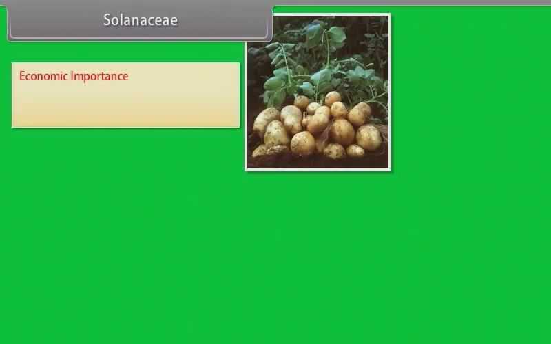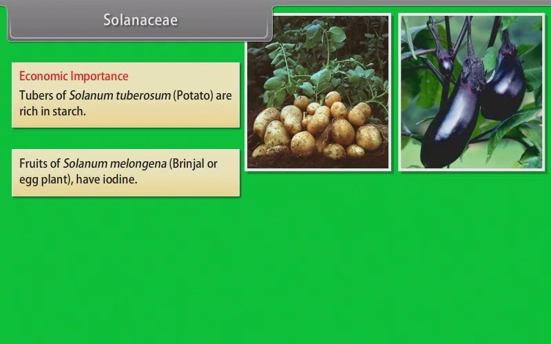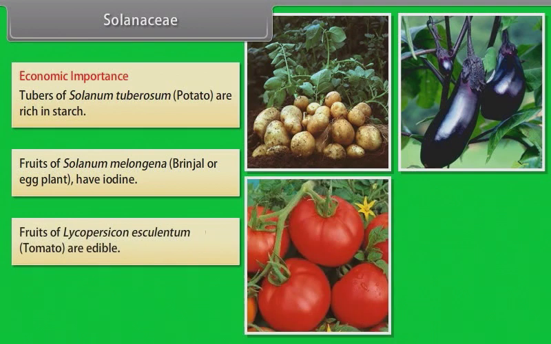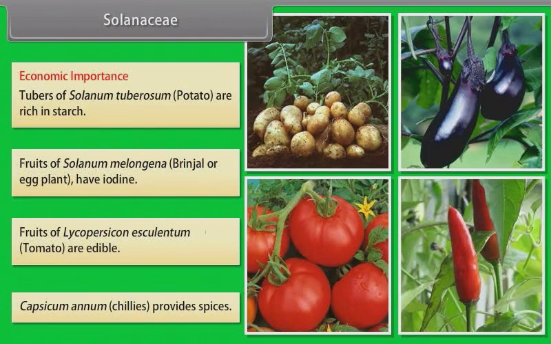Economic importance. Tubers of Solanum tuberosum, potato, are rich in starch. Fruits of Solanum melongena, brinjal or eggplant, are edible. Fruits of Lycopersicon esculentum, tomato, are edible. Capsicum annuum, chilies, provide spices.